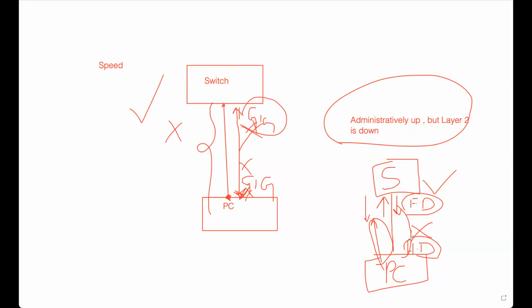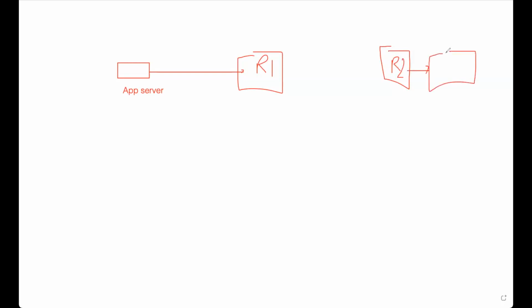So usually while troubleshooting, for example, let's say this is an app server, and this app server is connected to router 1, and there is a router 2, and this is connected to a database server, and R1 is connected to router 2.